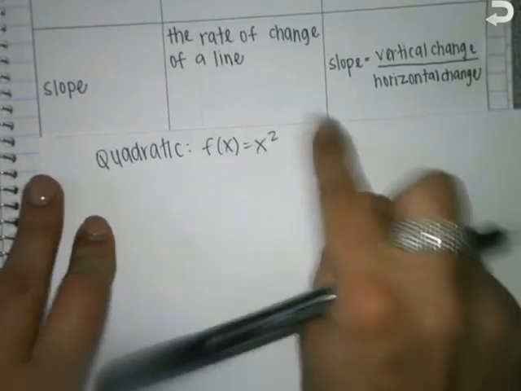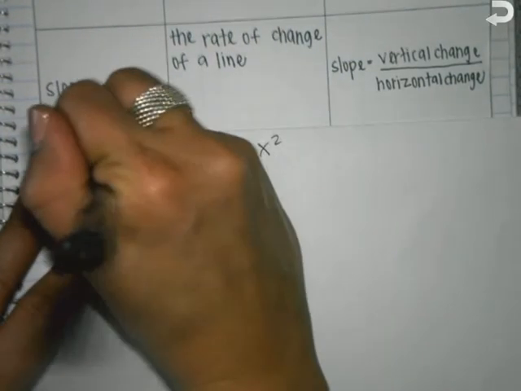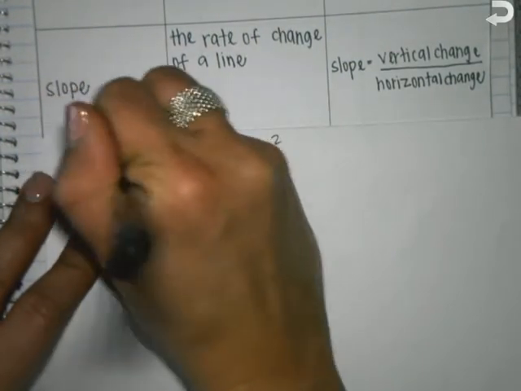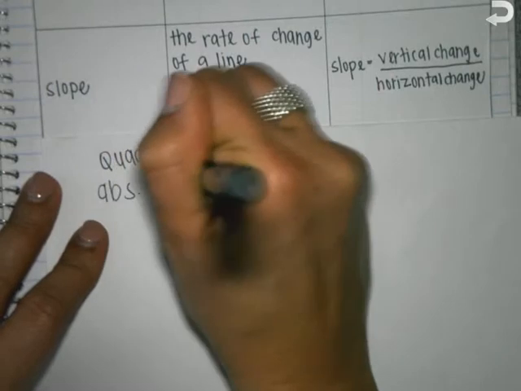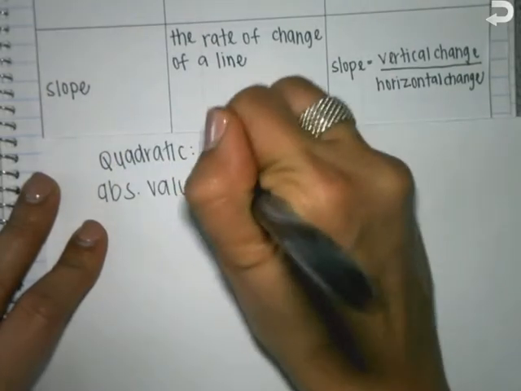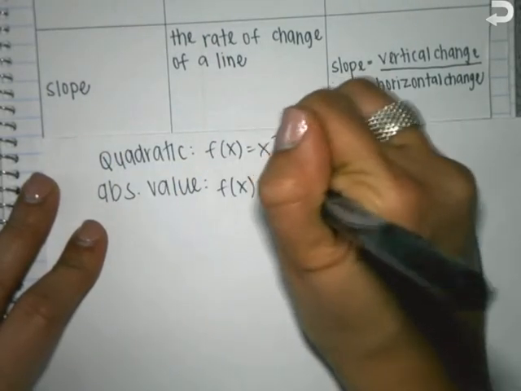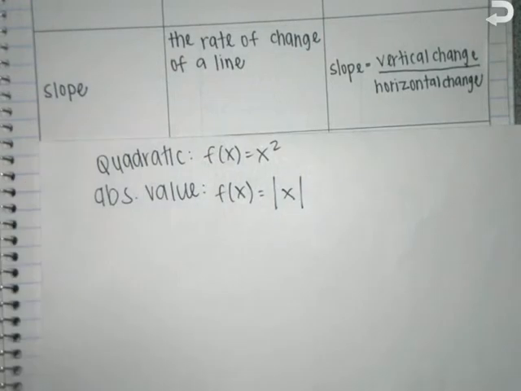It's like the simplest we can get, right? For the absolute value function family, the parent function would be f of x equals the absolute value of x. Just the simplest we can get it.